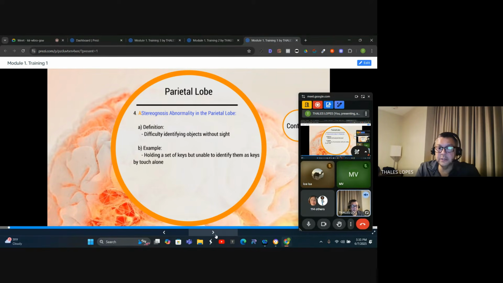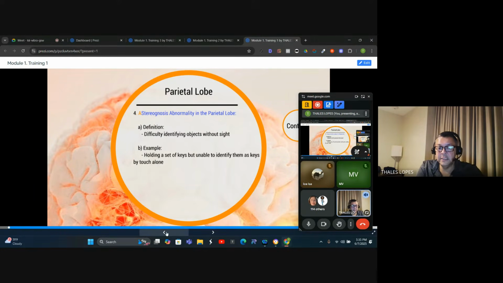So stereognosis, we've seen this before, probably in my first year of nursing school, in advanced assessment. I imagine that all of us went through this. Someone puts a key in your hand and asks you to close your eyes. And if you are able to identify that as a key without seeing the object, then this would be a stereognosis test, and that would be the parietal lobe function.